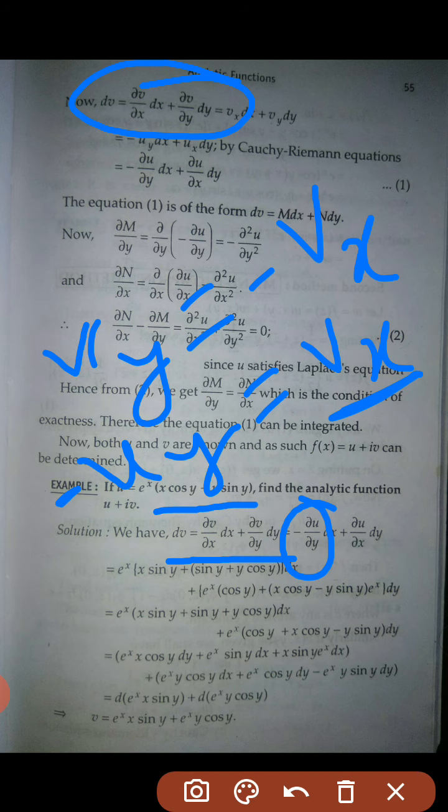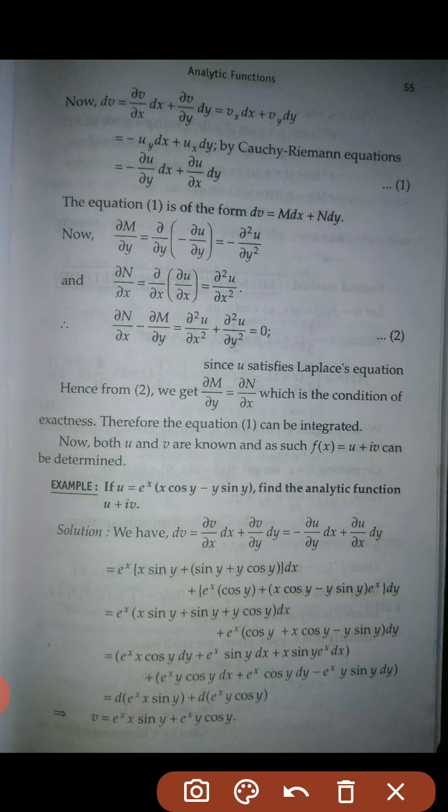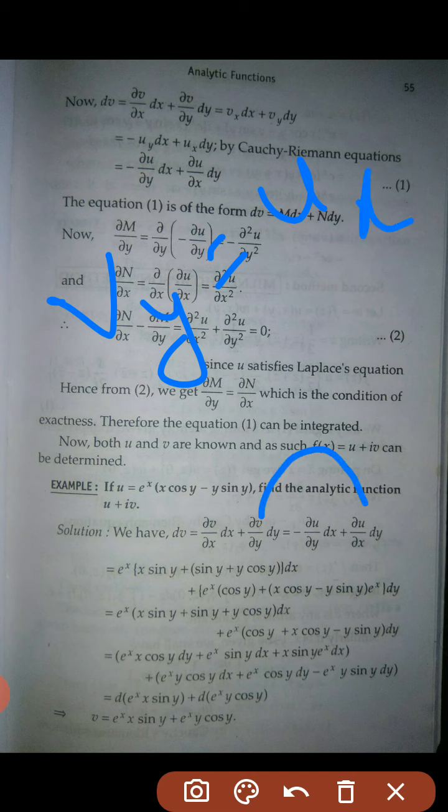And again we have v_y. What is v_y? u_x equals v_y. We just put the value of del v by del y as del u by del x. So here we have placed the values of the functions of v in terms of the functions of u.